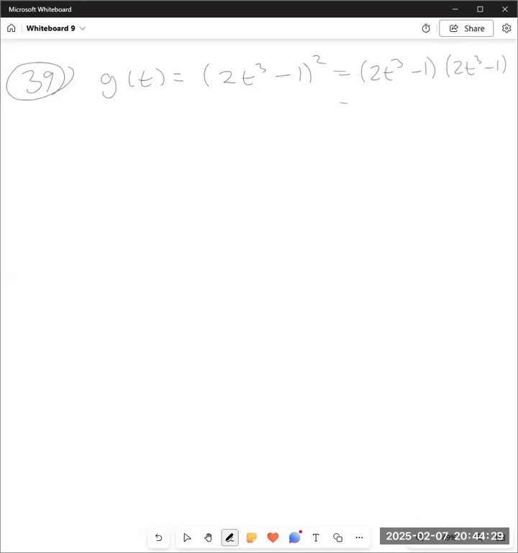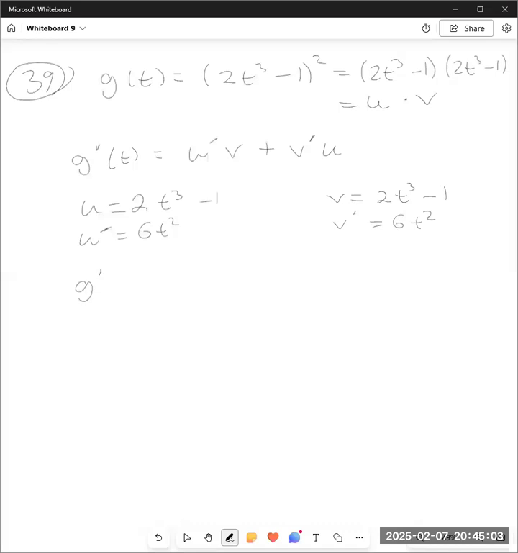And that makes this equal to u times v. So that makes g prime of t equal to u prime v plus v prime u, where u is equal to 2t cubed minus 1. V is also 2t cubed minus 1. U prime is 6t squared, and v prime is also 6t squared.